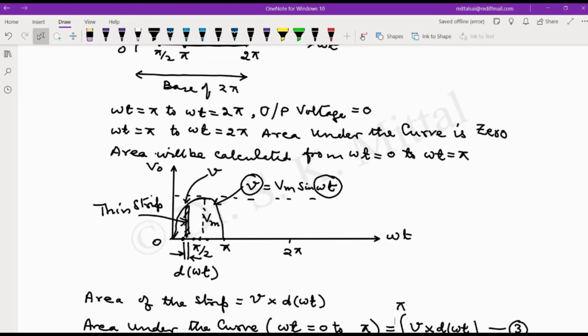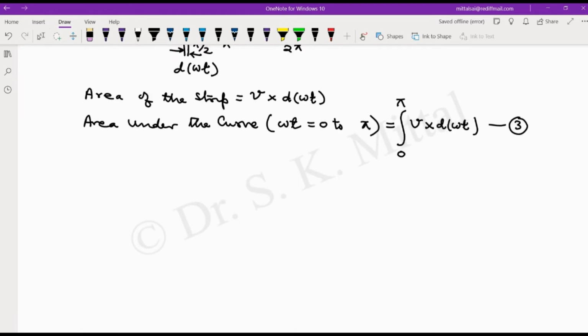And we have already said that from omega t equal to pi to 2 pi, the area under the curve is 0. Therefore, we can say that the area under the curve from omega t equal to 0 to 2 pi we can consider as integral 0 to pi v into d omega t, and from omega t equal to pi to 2 pi the area is 0. Therefore, this will be the area.